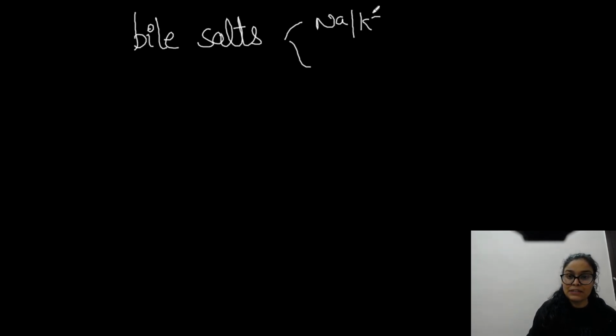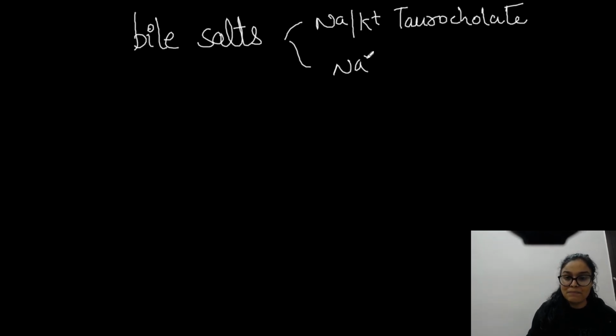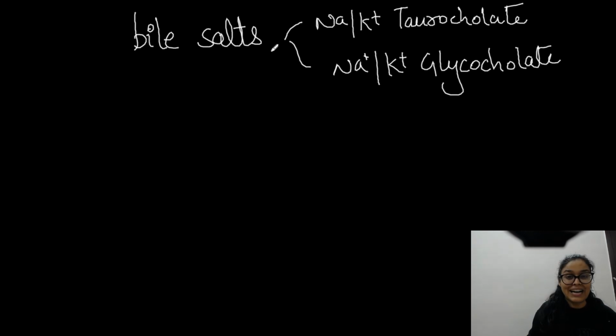One important thing is bile salt: sodium potassium taurocholate and sodium potassium glycocholate, but these are salts, not enzymes.